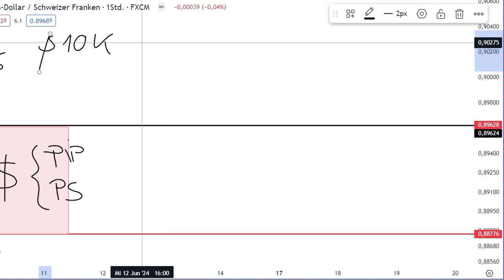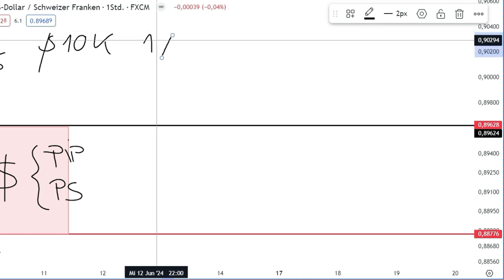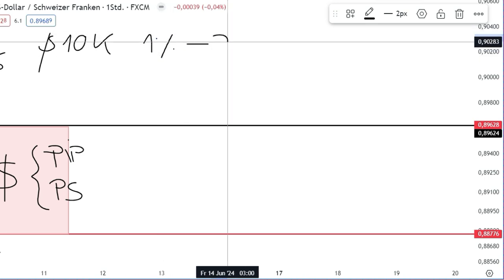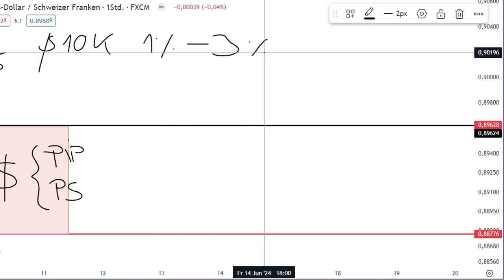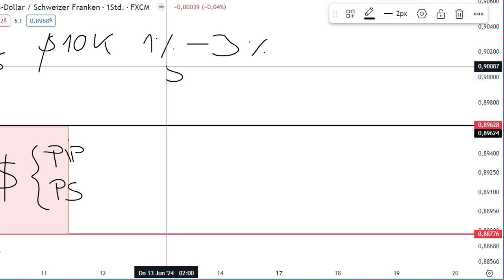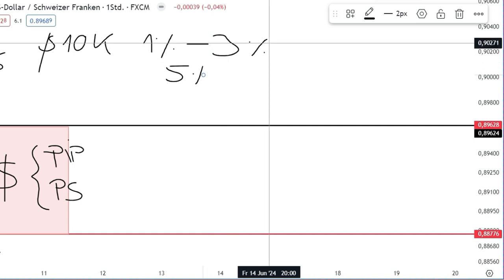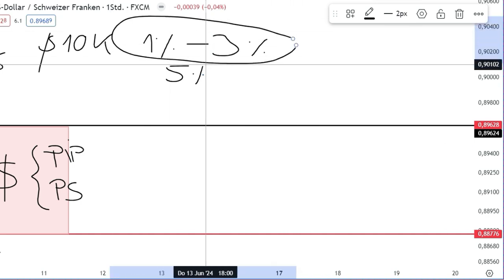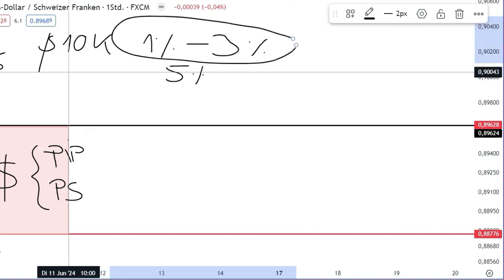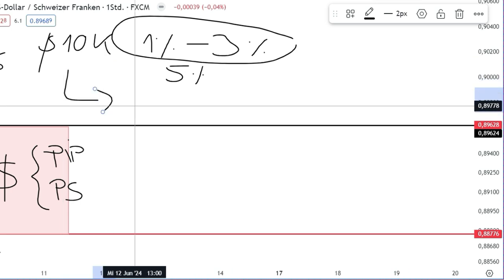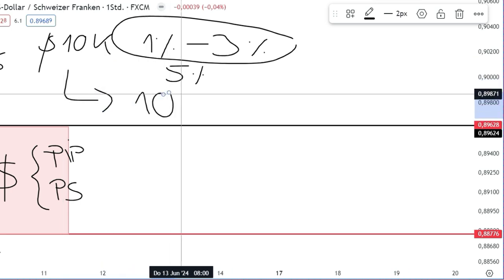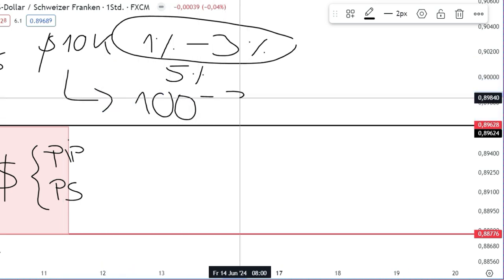I would always recommend to have a risk between 1 and 3%, but I've seen traders doing 5% as well. Like I said, it depends on your personal risk tolerance. My personal risk tolerance is between 1 and 3%. So in this case of $10,000, I always risk between $100 and $300.